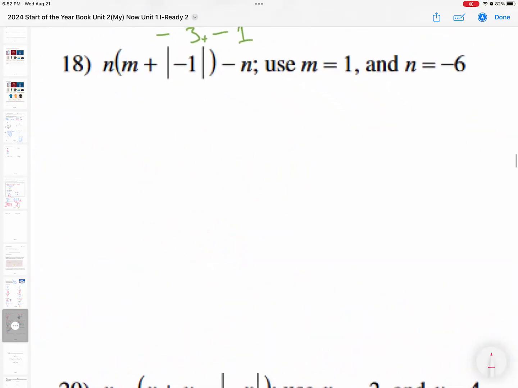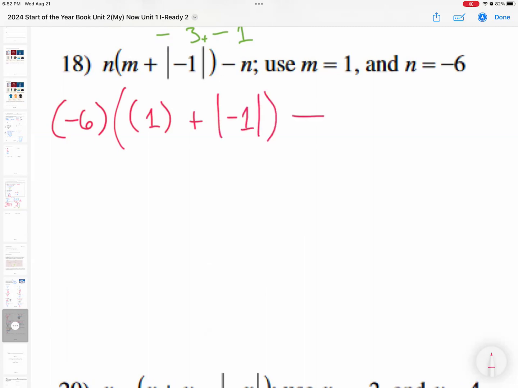For number 18, again, first step, always just dump the numbers in. So we end up with -6 in parentheses, m is a 1, plus absolute value of -1, minus our n value, which is -6.